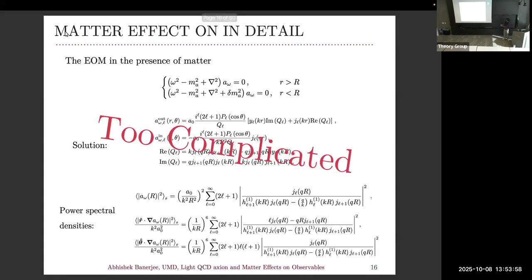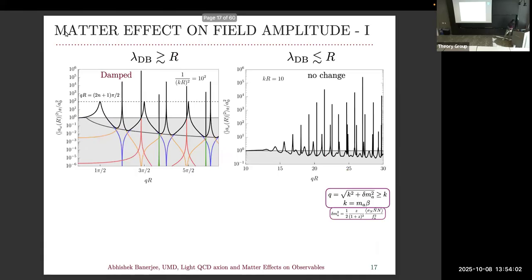But it's just too complicated, right? We can't make any sense out of it. So let's do something that is not complicated. So we plotted it. Here on the y-axis, I plotted A squared of omega at r on the surface, divided by A0 squared.